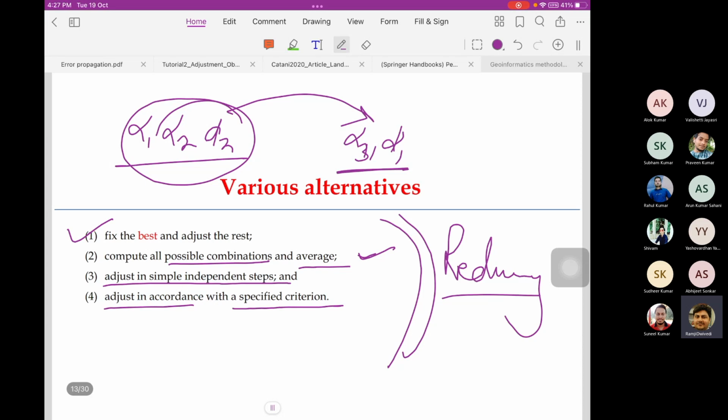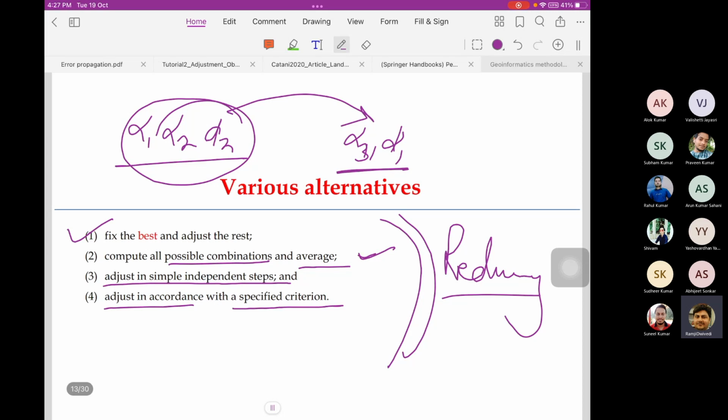Obviously every way has certain limitations and certain advantages, but you have to be unbiased, then only you will choose one. So you have to choose one which is mathematically proven, not biased, and it is best among all.